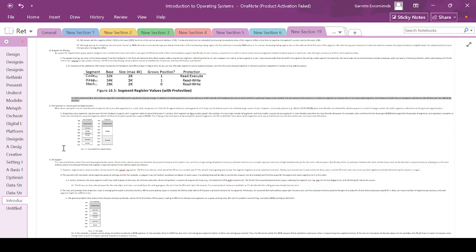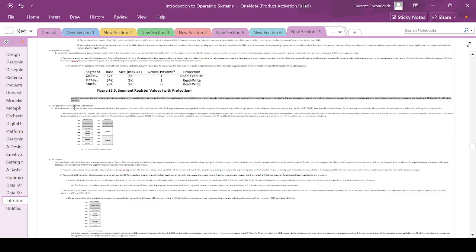That's another logic that must be added to that algorithm. If a user process tries to write to a read-only segment or execute from a non-executable segment, the hardware should raise an exception. That's another if-else, and the OS will then deal with the offending process.